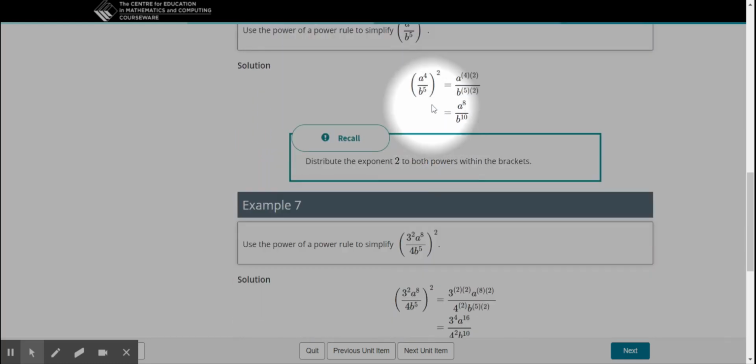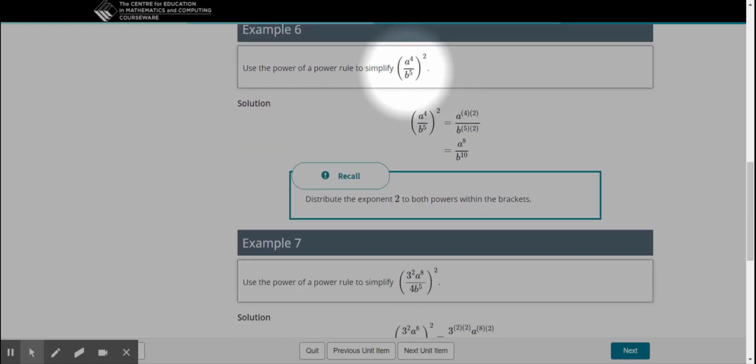The next example involves division. In this case, we have a^4 divided by b^5, the whole expression squared. So we are going to repeat the same logic. We're going to apply the power rule to each exponent on both variables.